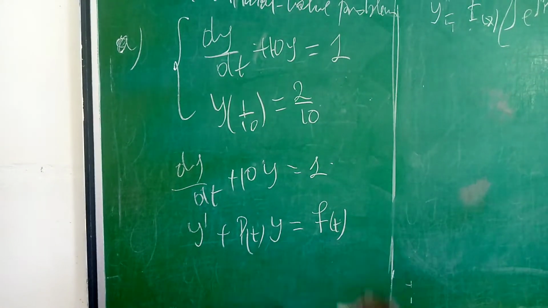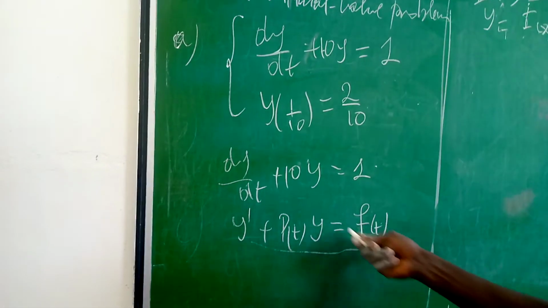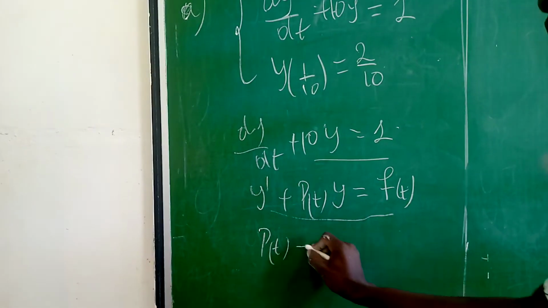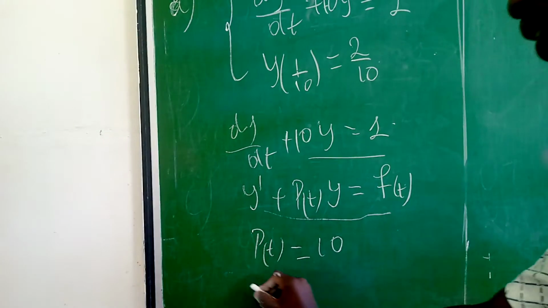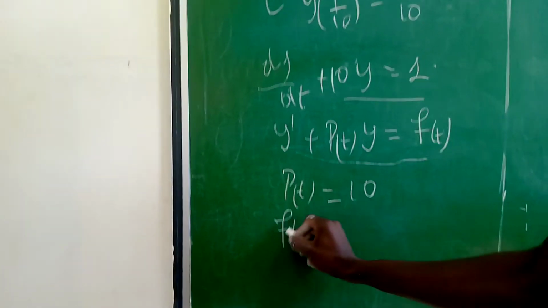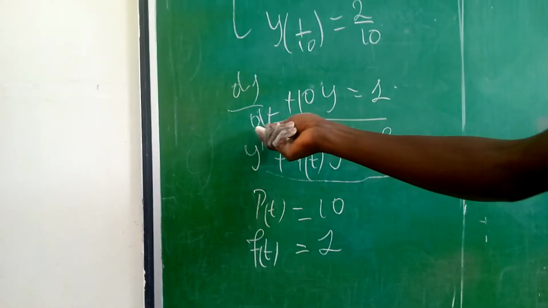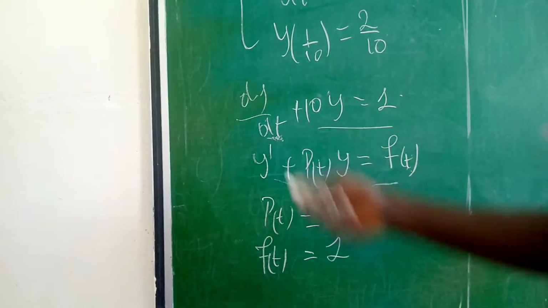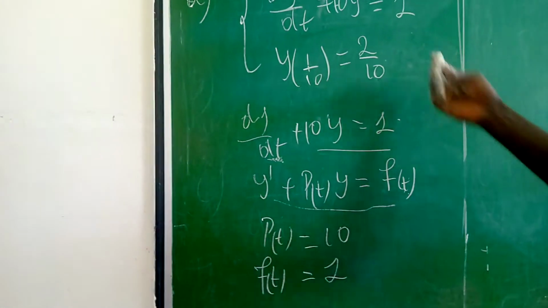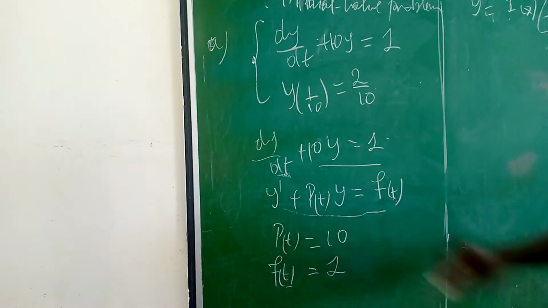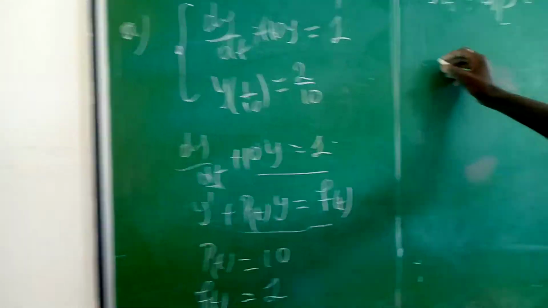f(t). And then we can compare this to this. We can say p(t) is equal to 10, and then f(t) is equal to 1. We use t because we know that the function is of t. So let's find how we can get the real solution.